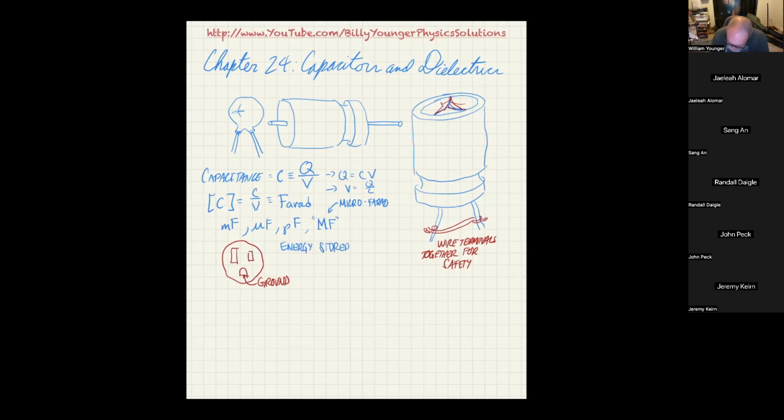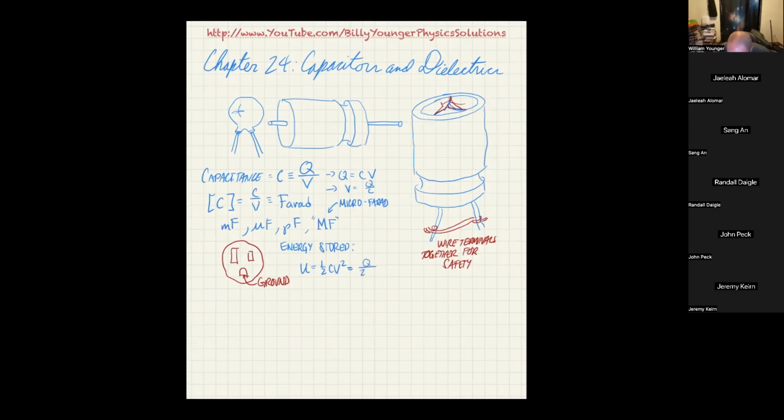For instance, if you know the capacitance and the voltage, the energy stored is 1/2 CV squared, which looks a lot like 1/2 KX squared or 1/2 MV squared, and that's going to become relevant later. You can also use C equals Q over V to make that into Q over 2.